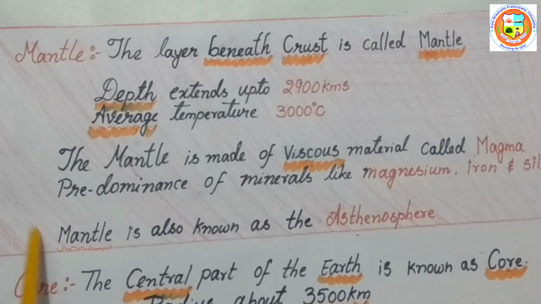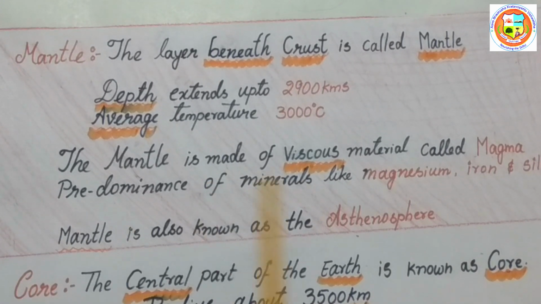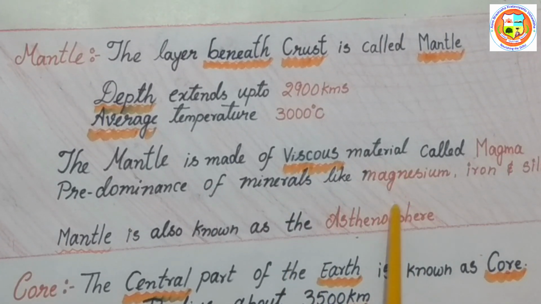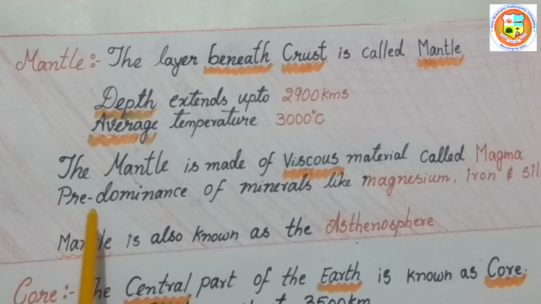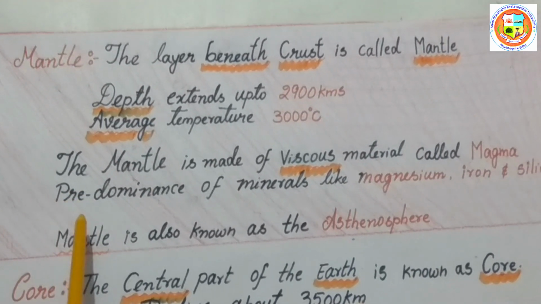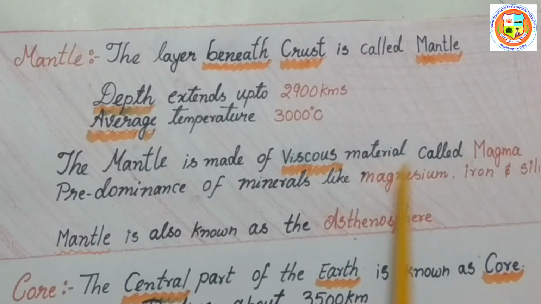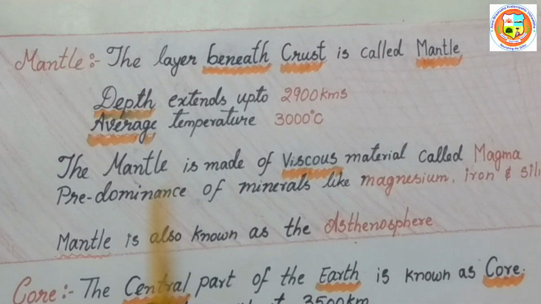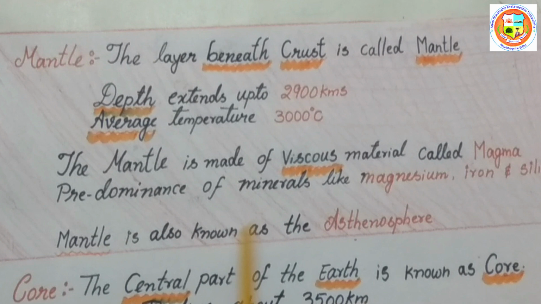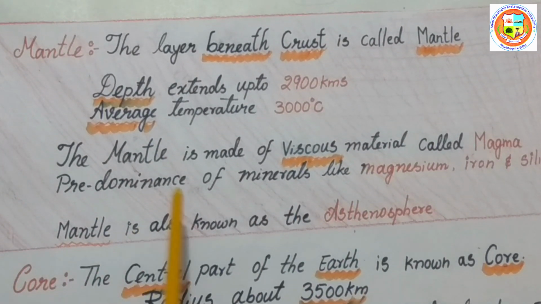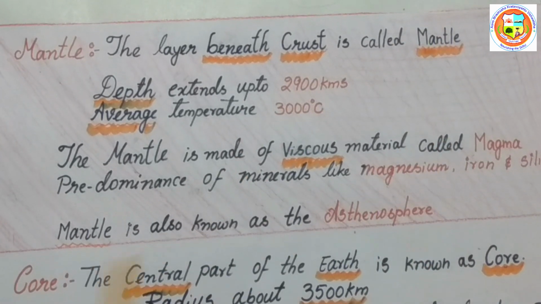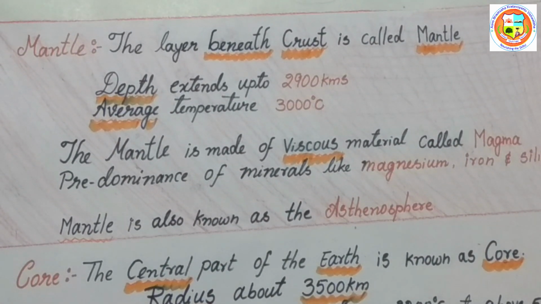The mantle has a predominance of minerals like magnesium, iron and silica. Understood? The mantle is also known as the asthenosphere.